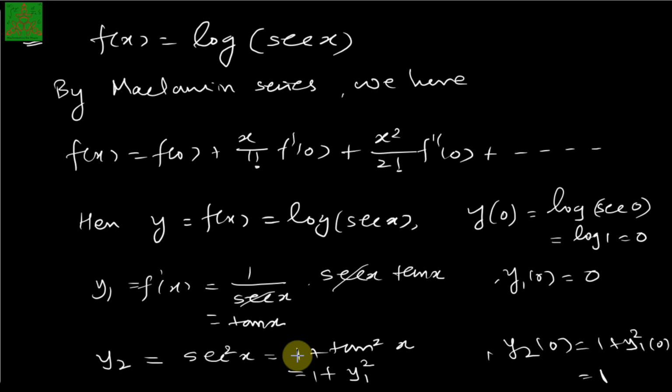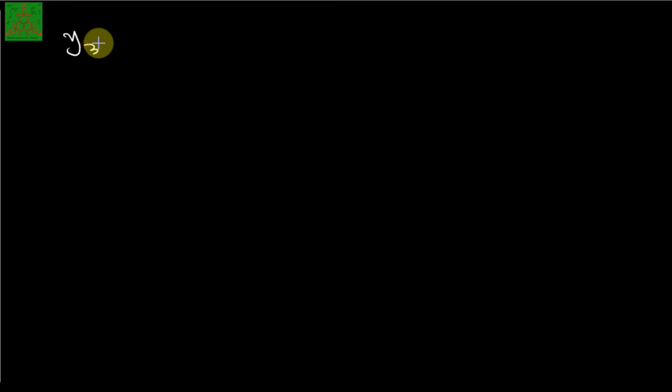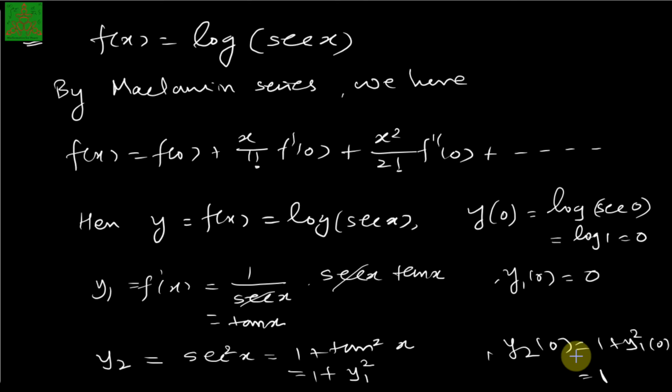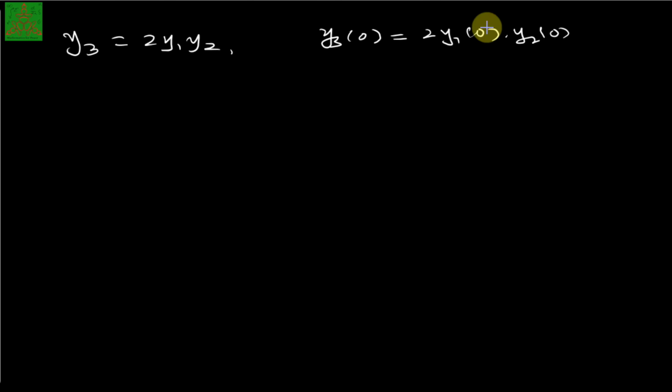In the same manner as we discussed previously, what will be y3? y3 is the derivative of this, so y3 will be 2 times y1 y2. So y3 at 0 gives me 2 times y1 at 0 into y2 at 0. But y1 at 0 is 0, so this gives me 0.